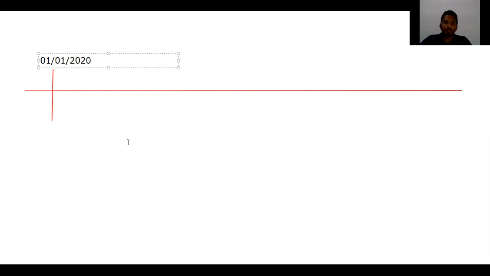They issued an assessment on 1st January 2020, but you received that assessment on 20th January.